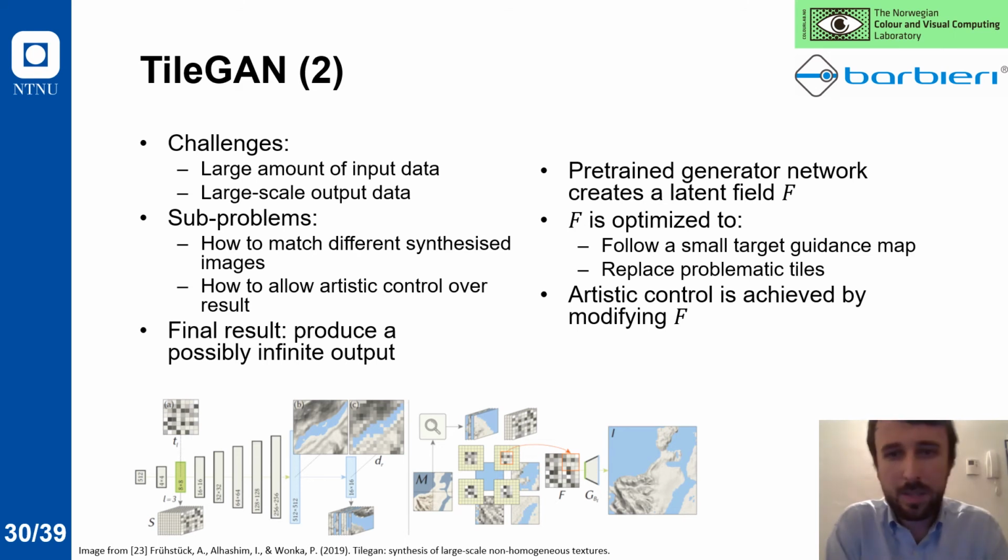It uses a pre-trained generator network that creates a latent field of features, F, and F is optimized to follow a small target guidance map and to replace problematic tiles. And the artistic control is achieved by modifying and choosing the various tiles encoded in F.